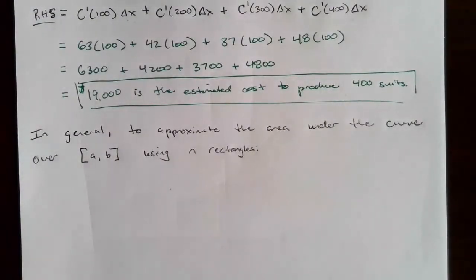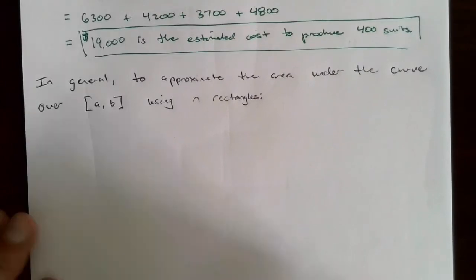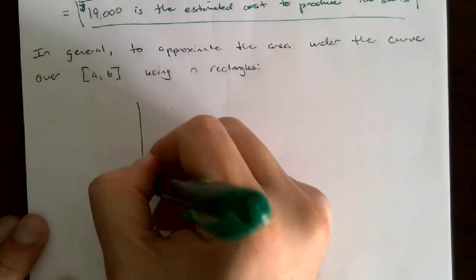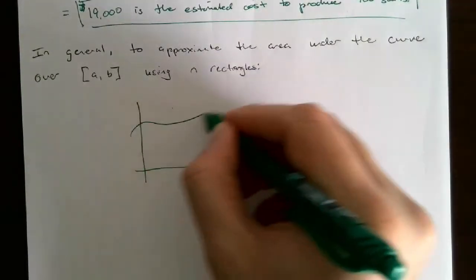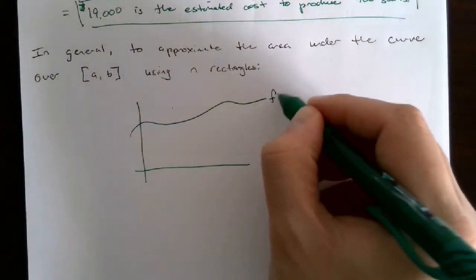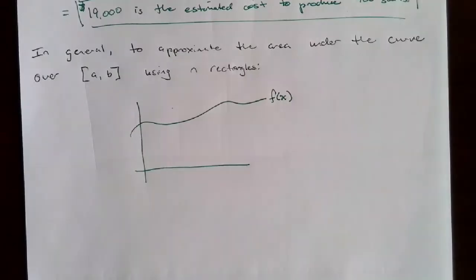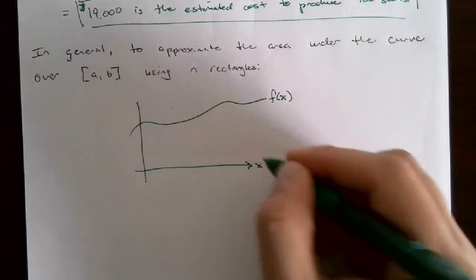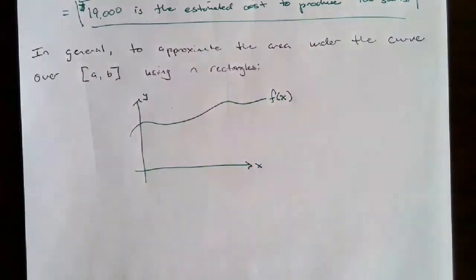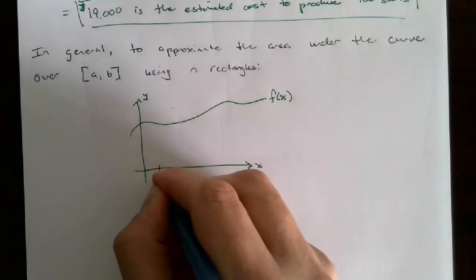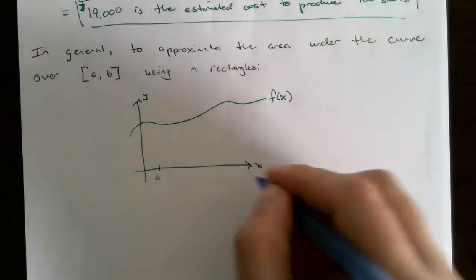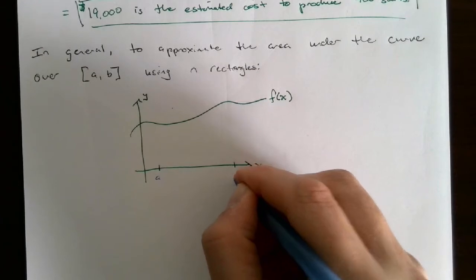So let me draw this as a sketch just so you can kind of see it. Suppose we had this function, which I'll write here, and we'll call this f of x. This is the x-axis and this is the y-axis. And let's say that we start at some value a to some value b.